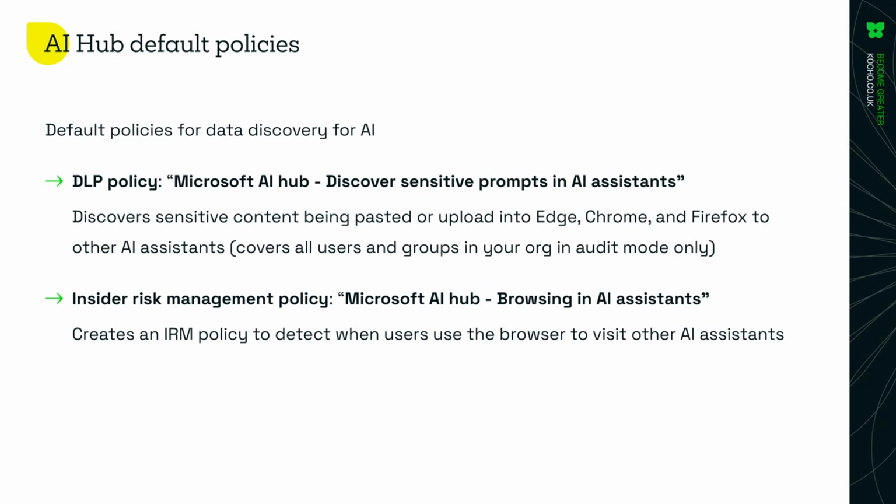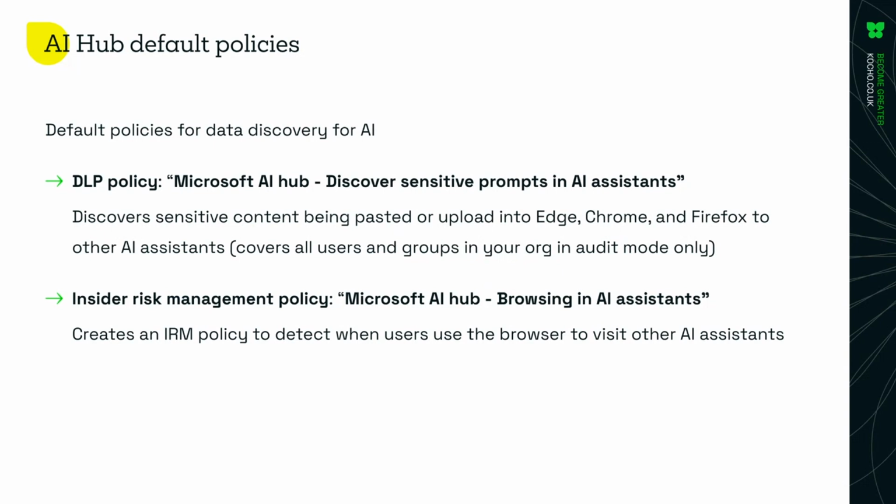So there are a couple of policies for doing some data discovery. One of them is a DLP policy, data loss prevention, called Microsoft AI Hub Discover Sensitive Prompts in AI Assistants. That's using endpoint DLP to spot what sensitive content is being pasted or uploaded into your browsers and into other AI systems.